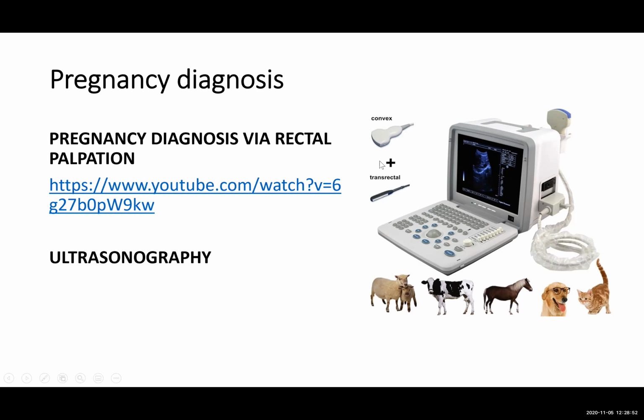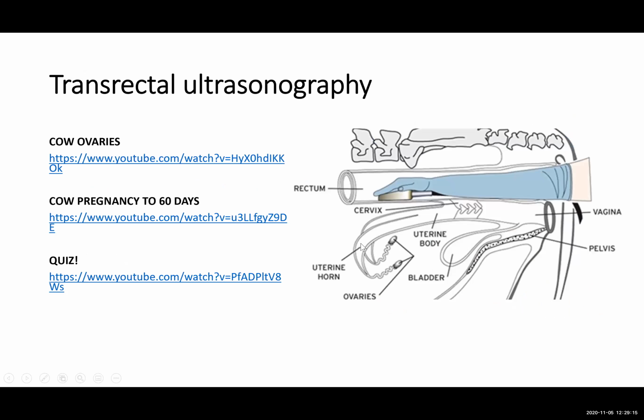There is a convex probe, but convex is more used by vets doing companion species. Occasionally you'll see a vet use it in sheep, but for the most part we use transrectal probes. Take the probe, go in through the rectum and look face down, and then we can scan over and see the reproductive tract. So this is an example of that process, basically coming in through the rectum.